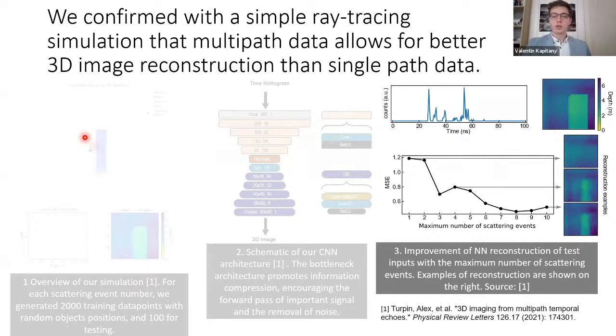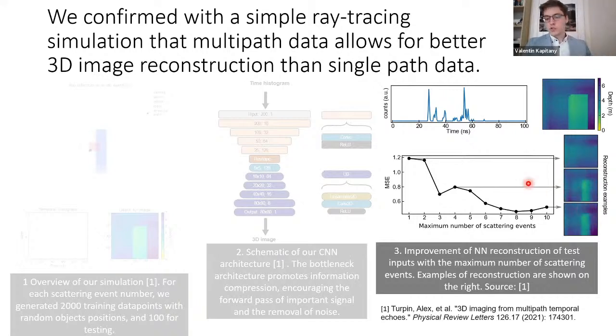We found that the mean squared error of prediction, when we fit only one scattering event, is a lot higher than when we fit multiple scattering events. So this tells us that as we increase the number of scattering events in our dataset, the neural network gives better predictions. You can visually see that here. This is the reconstruction compared to the ground truth with only one scattering event, with 4 and with 10.